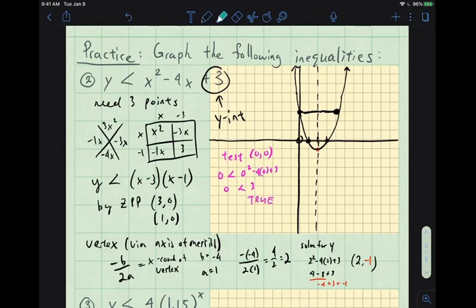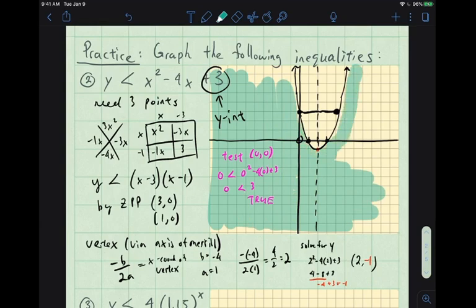So that means we shade in this whole region. Thought I made it bigger. Apparently not. So everything that is not on the inside part of the parabola is now a part of our solution set. There's still just two regions here, the part inside the parabola and the part outside the parabola.